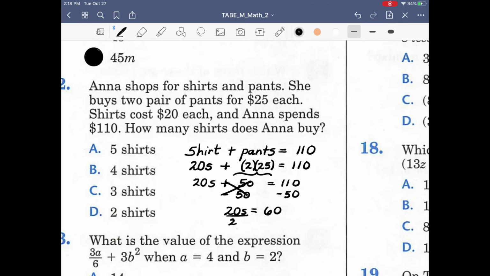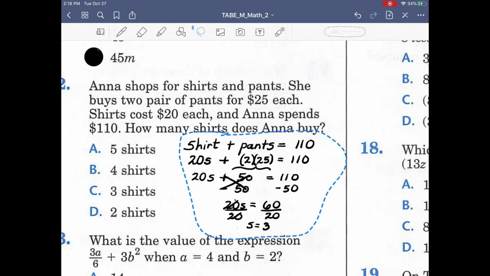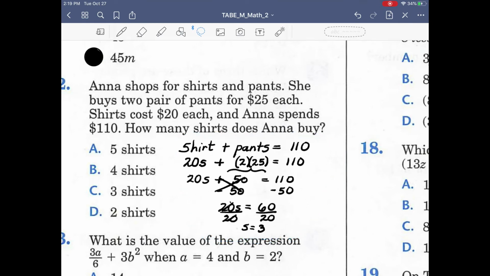Divide by 20. So she bought 3 shirts. That is a classic algebra problem. Your answer is C. She bought 3 shirts.